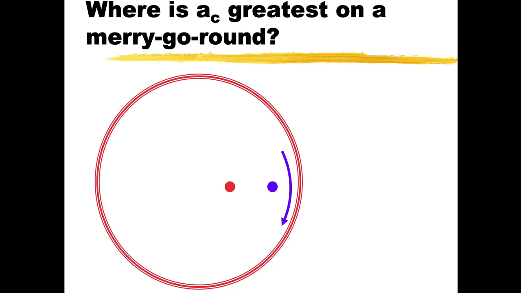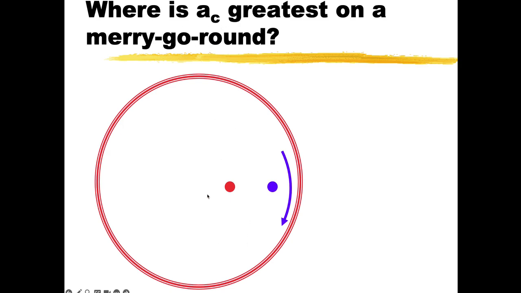Some of you have probably been thinking, we already have dealt with things going in a circle, all the circular motion stuff. As I look at the red dot and the blue dot going around and around, where is the centripetal acceleration the greatest?